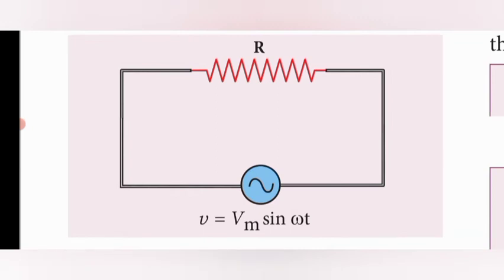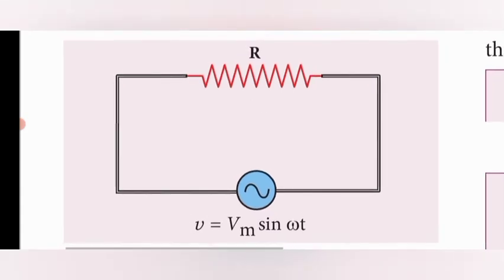You know very well about alternating current and voltage, which can be given by the equation V equals Vm sin omega t, or the instantaneous current value I equals Im sin omega t. So here we pass the voltage through a resistor. Now let's find the value of I and also the phasor diagram between voltage and current.